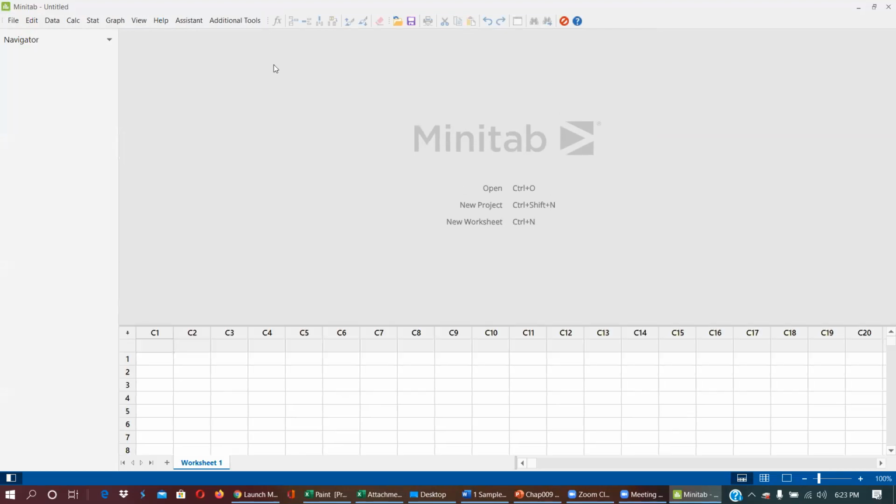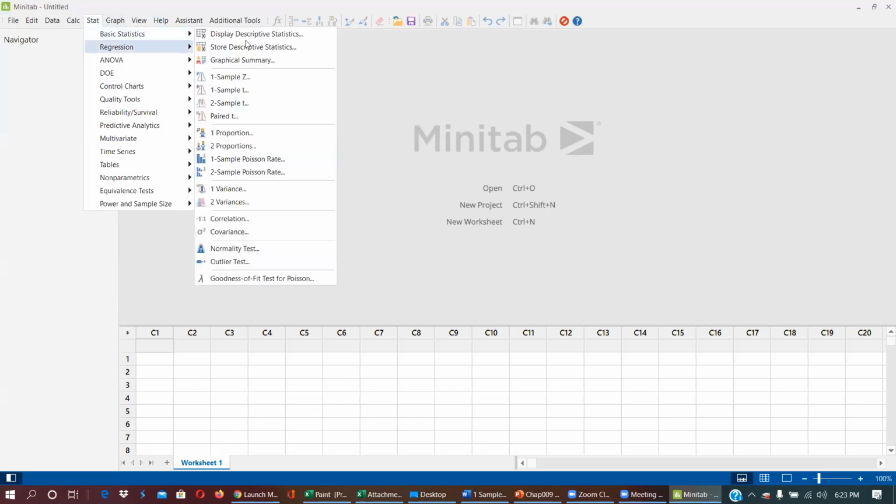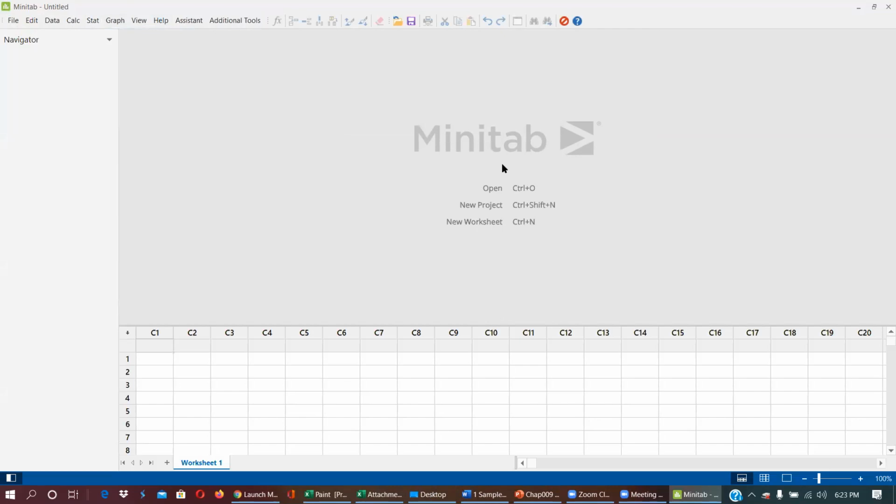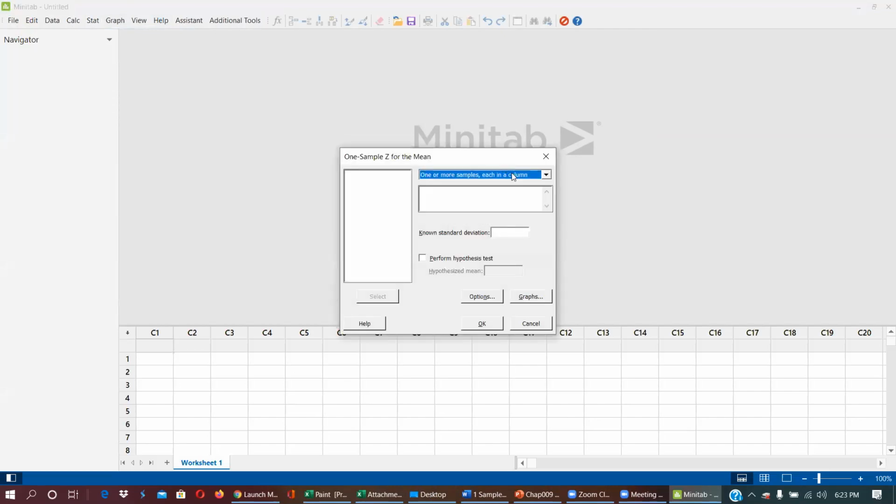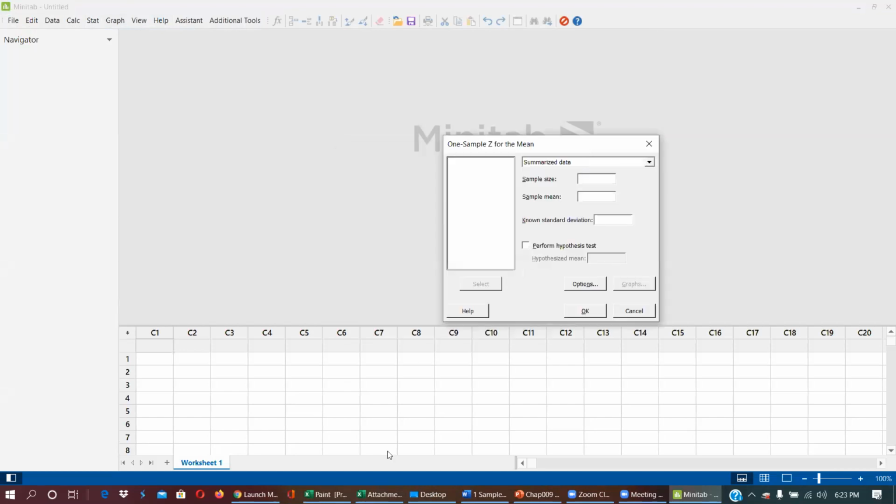Now, I hope you can see my Minitab. Statistics, basic statistics, one sample Z. Why am I using this? Because we have the standard deviation given, and we have summarized data right here. So what is the sample size? It is 50 sheets.